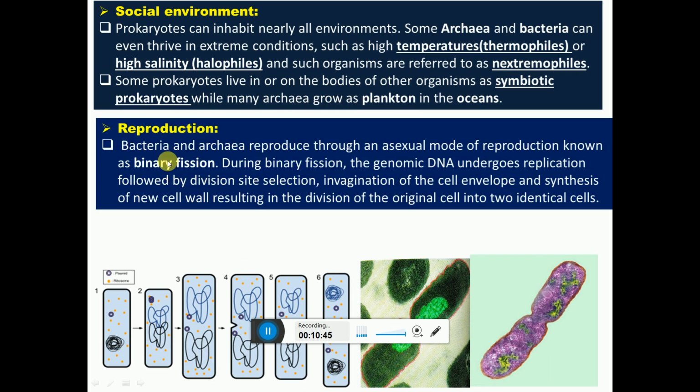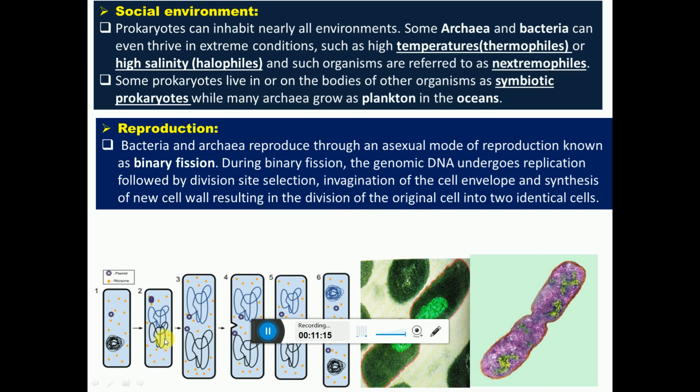Reproduction in bacteria and archaea occurs through an asexual mode known as binary fission. During binary fission, the genetic DNA undergoes replication followed by division. After site selection, there is invagination of the cell envelope and synthesis of new cell wall in the middle, and the division takes place.